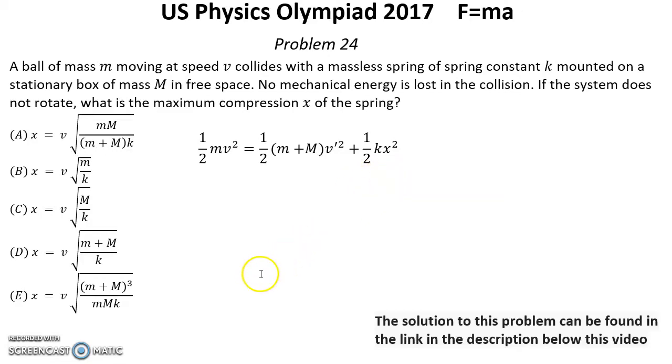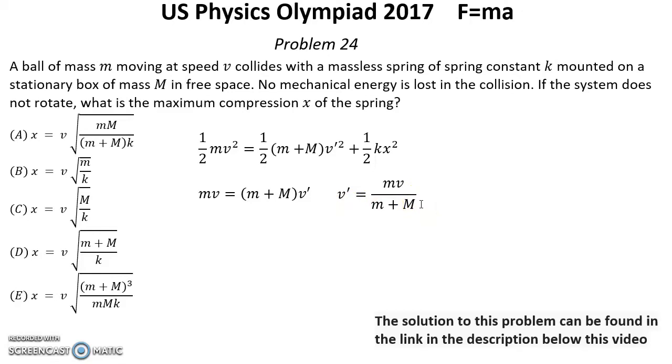And also we have in this moment momentum conservation. We have mv equal (m small plus m big) v prime, and from here we can find what is v prime. V prime equal mv over (small m plus big M).